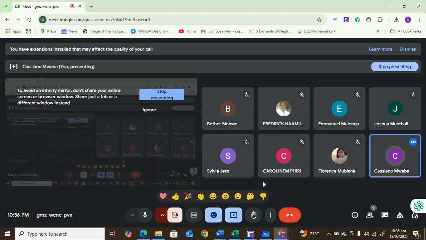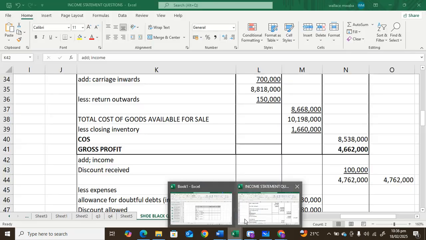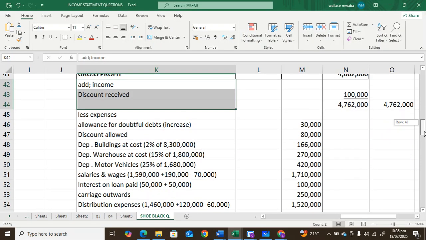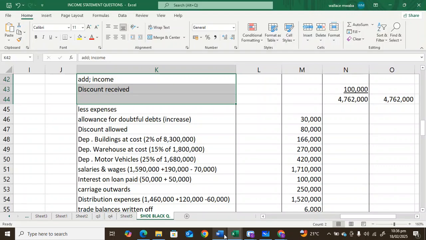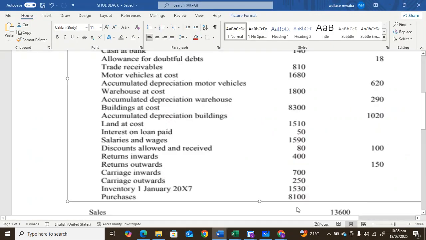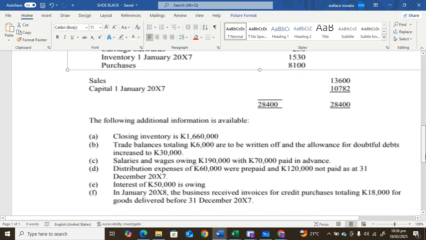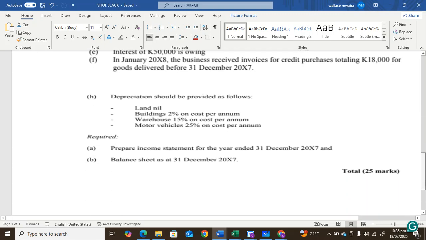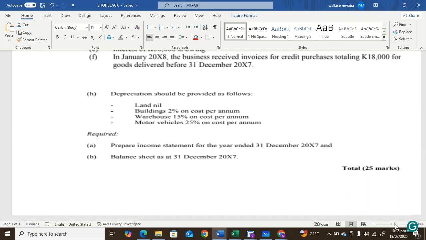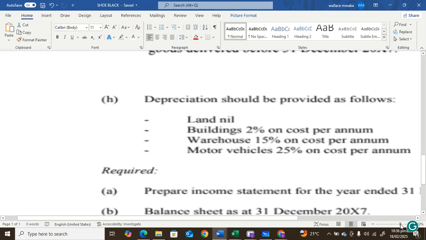So the next thing is just to add expenses. We have depreciation here also. Although I calculated it on there, but we also have depreciation here. Okay, so we also need to calculate depreciation.